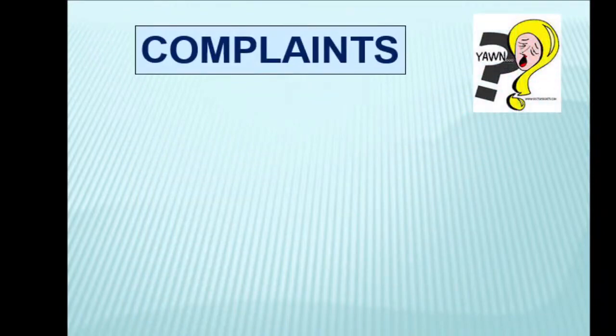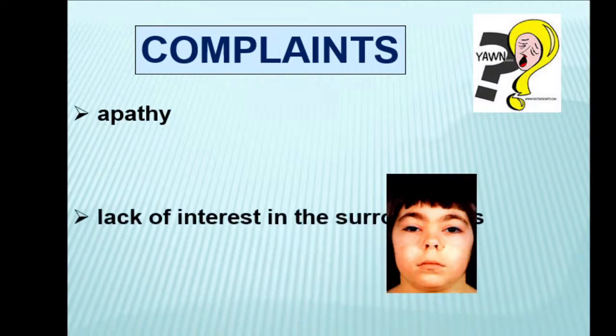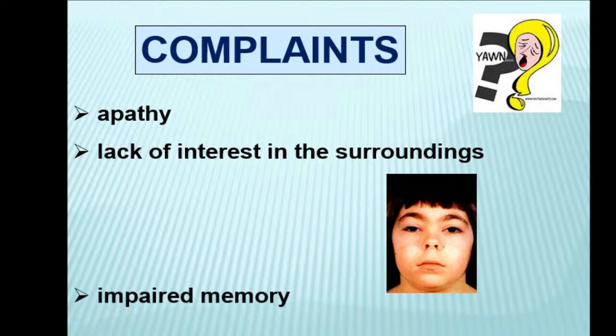The complaints of the patient are the opposite of the complaints of hyperthyroidism. Same systems, but if hyperthyroidism is characterized by increased activity, hypothyroidism will be characterized by decreased activity. The patient loses interest in surroundings and complains of apathy.